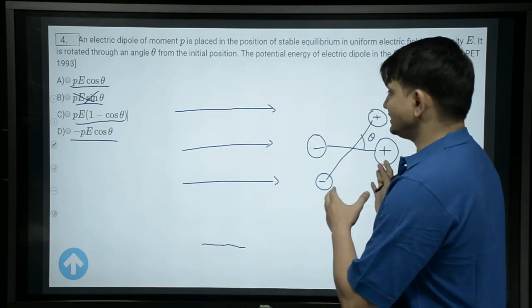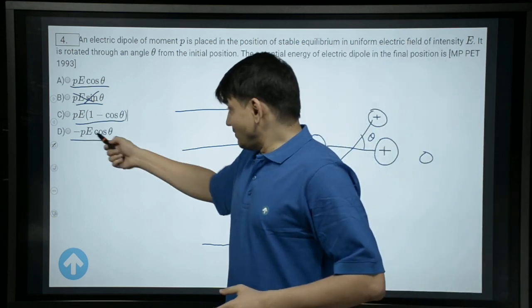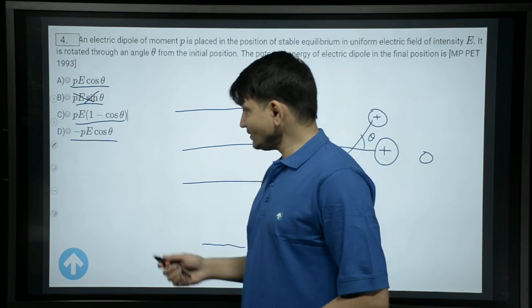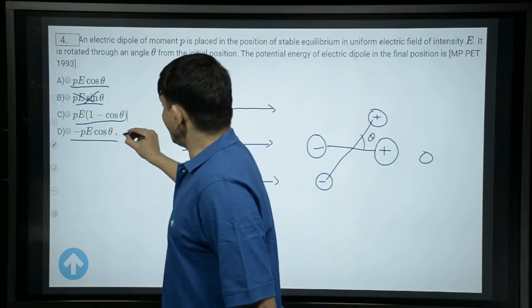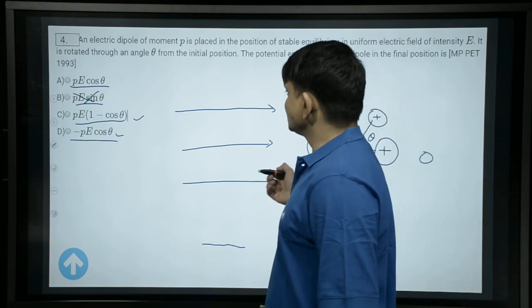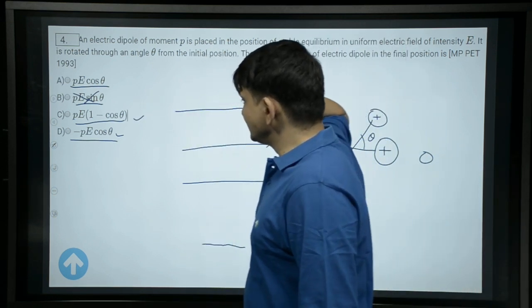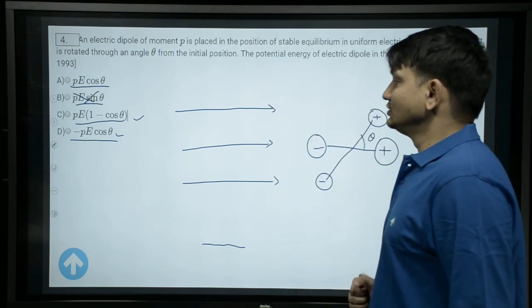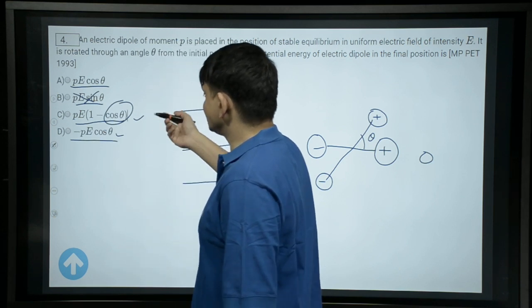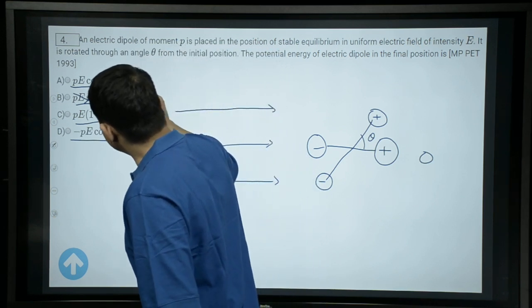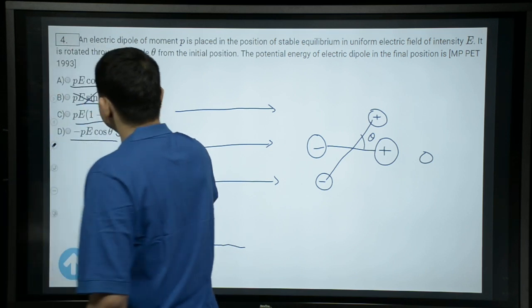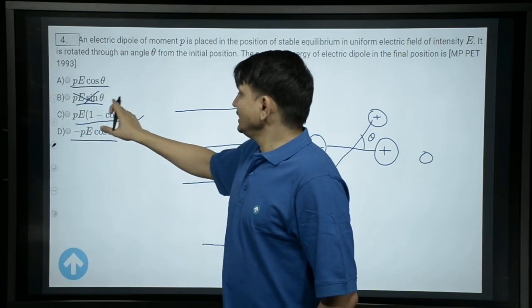So these two are not deducible by this method, because both are decreasing with the increase in theta. If we consider this part only, not the whole cos theta, with theta as 0, this would be 1.